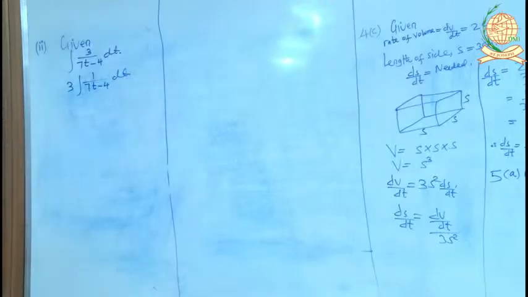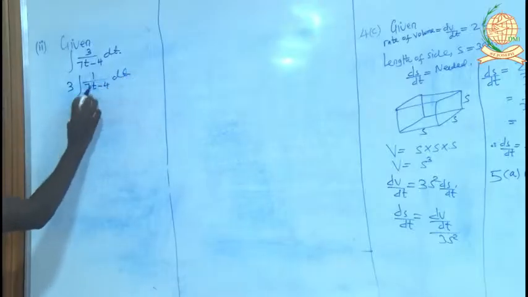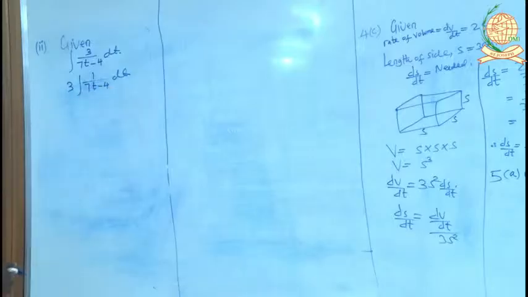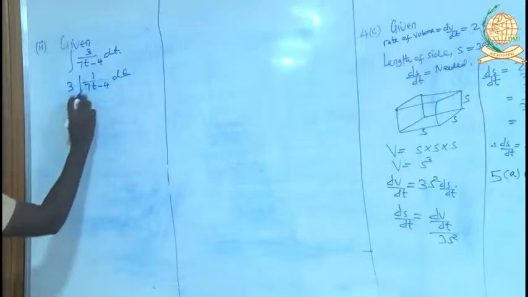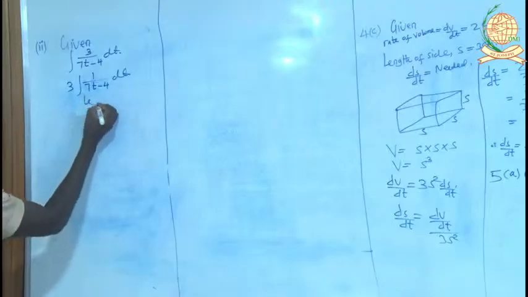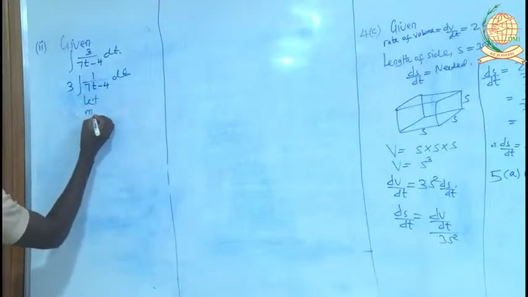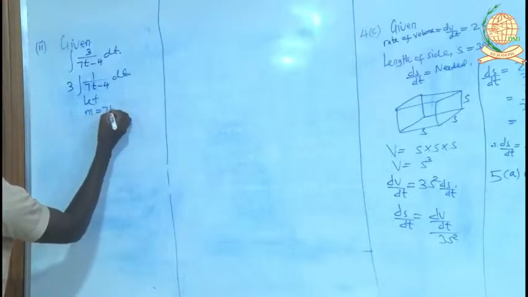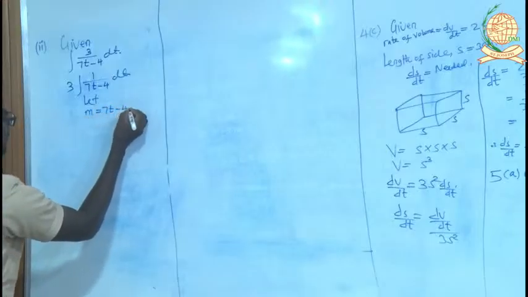Now, since the denominator is linear, 7t minus 4, find a certain letter to represent that linear function. So let m equal 7t minus 4.